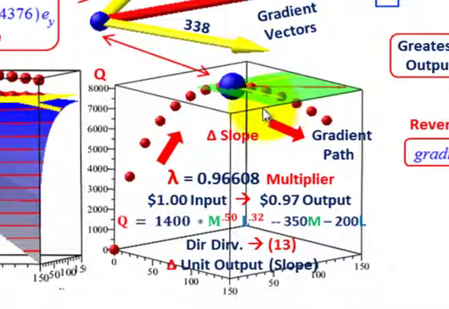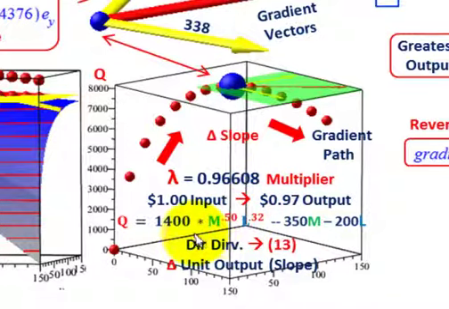Again, this is the case with our Lagrangian multiplier, 0.966. You take that times $1 input, spend $1 more for material and labor, and all you're going to get out is 97 cents, or 3 cents less. So you're losing money here. Well, you're making a profit up to a certain point, but your revenues are going down after you meet that point.